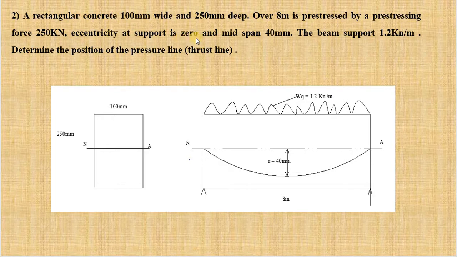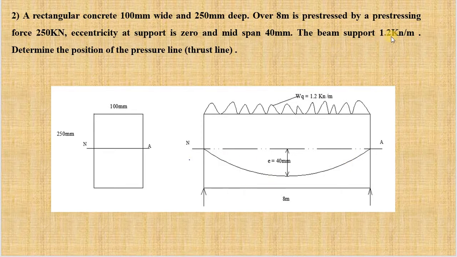By looking at the data, what we will come to know about the cable is at the support, exactly at this point, E value is 0, eccentricity is 0, but exactly at the midspan it is 40 mm. So we can clearly understand the cable is having a parabolic variation. It's not a straight line, it is having a parabolic variation.